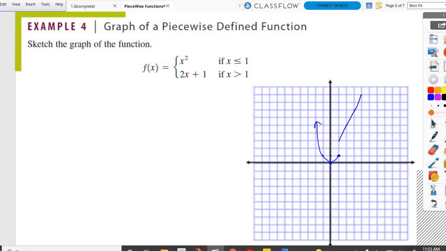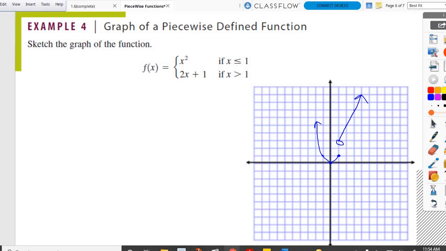At 1, because we only want everything after 1, so to the right. I wouldn't need to keep filling in because that's where it would stop, so I'm going to erase that intercept. And then, do I want an open circle or a closed circle at 1? Open. And so that would be your graph.